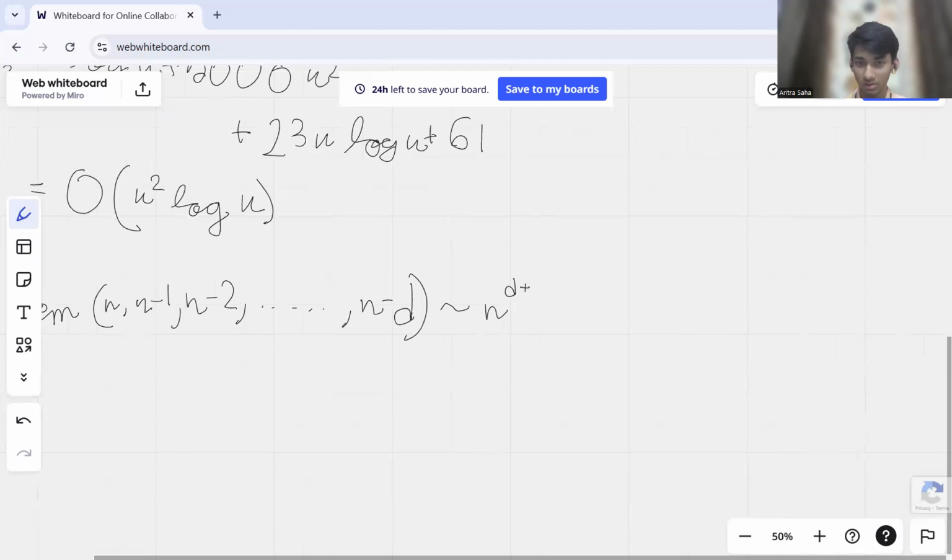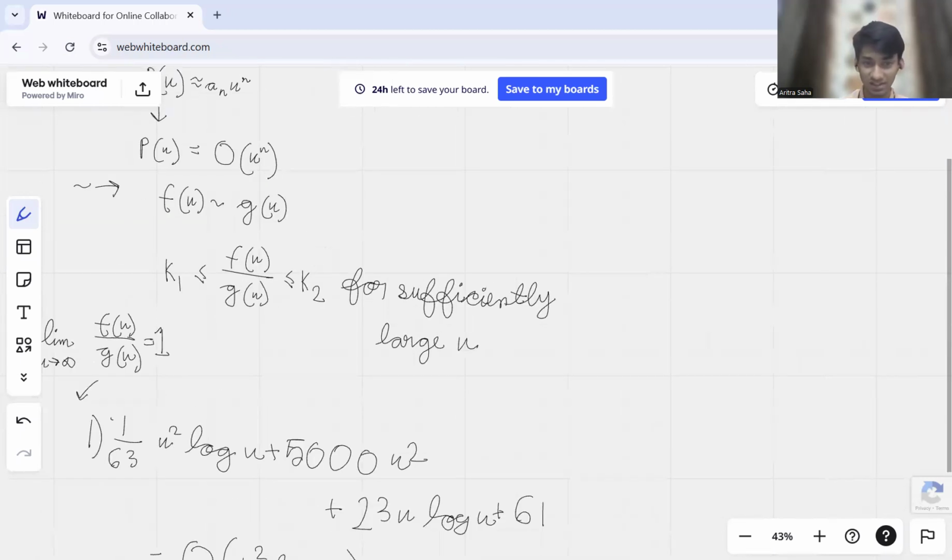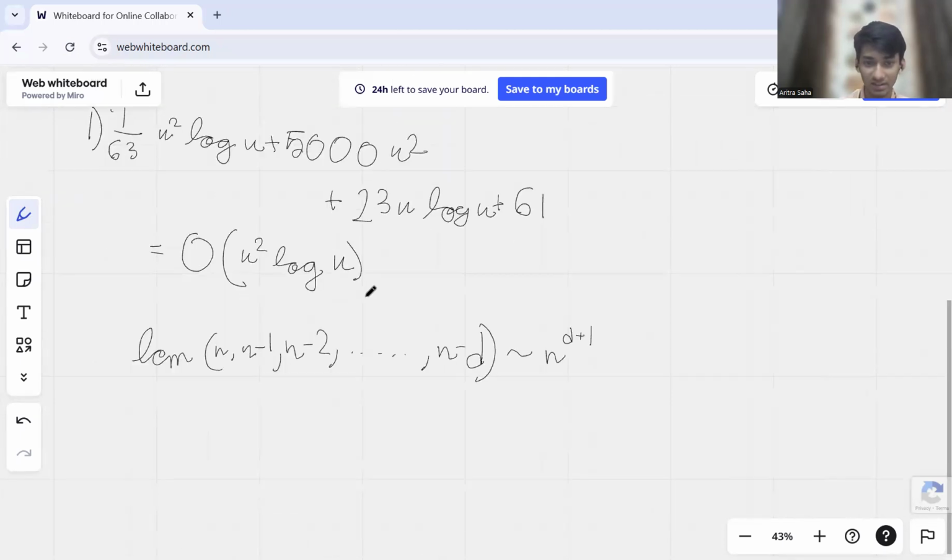So they're not asymptotically the same. We are mostly using the first definition here. You can also write this as O of n to the power d plus 1 basically. Can you try to prove this?